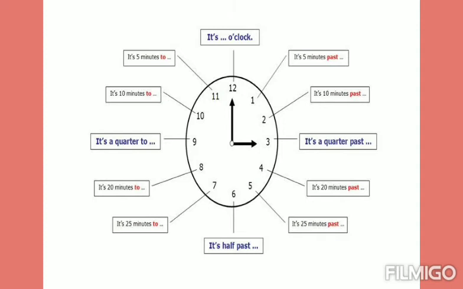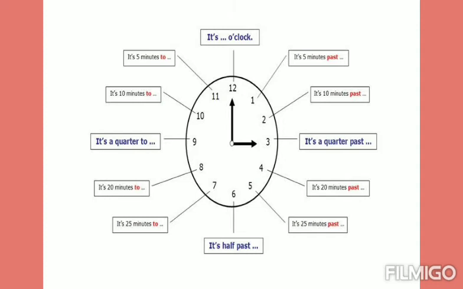You have to calculate using the 5 table. If it is at 1, it means 5 minutes. If it is at 2, 10 minutes. At 3, 15 minutes. At 4, 20 minutes. 5 means 25. 6 means 30. 7 means 35. 8 means 40. 9 refers to 45. 10 means 50. 11 means 55. When it comes to 12, it has covered 60 minutes. Like this we will calculate.